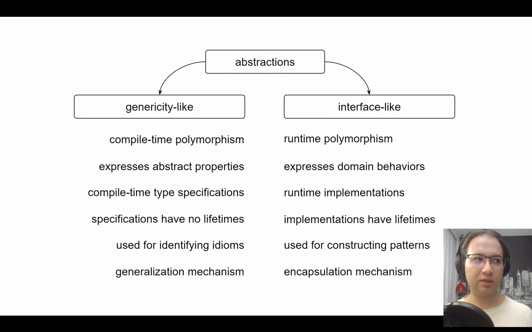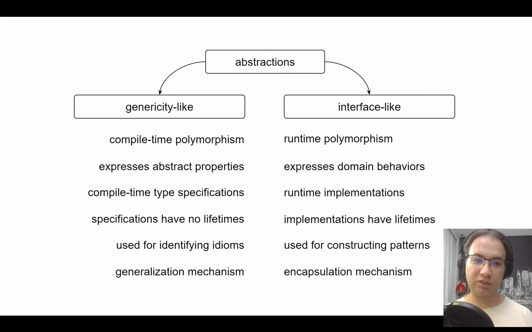They can solve a particular set of tasks related to generalizing some algorithms, because genericity-like abstractions are mostly about pure properties of some types, whereas interface-like abstractions are what we really need in our programs.